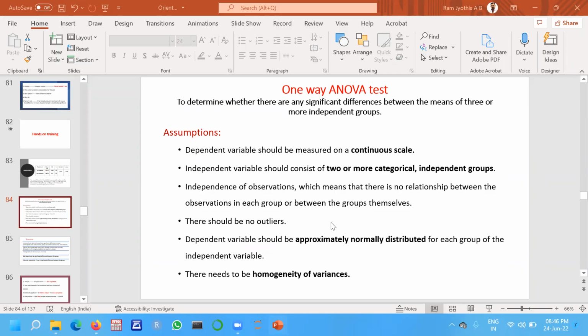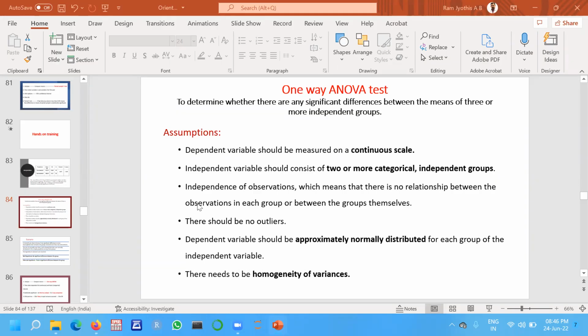For example, suppose the hemoglobin level we are getting is in a range of 10 to 15. Suppose one patient has a hemoglobin of 7 or 6, so that is an extreme value. It is better to omit that particular data, isn't it?